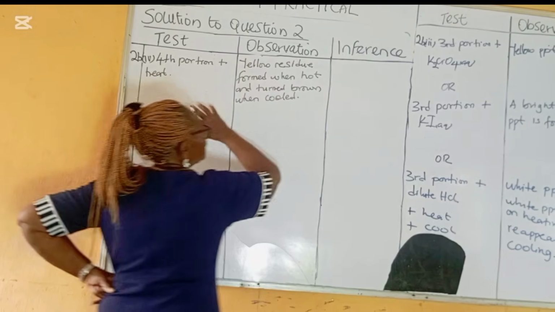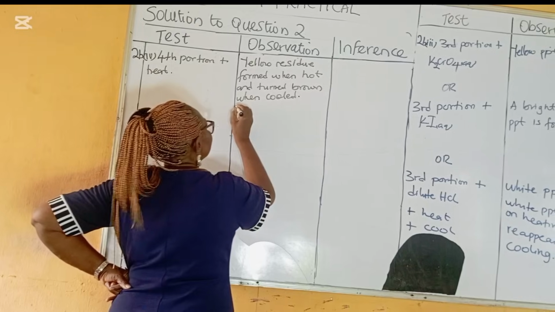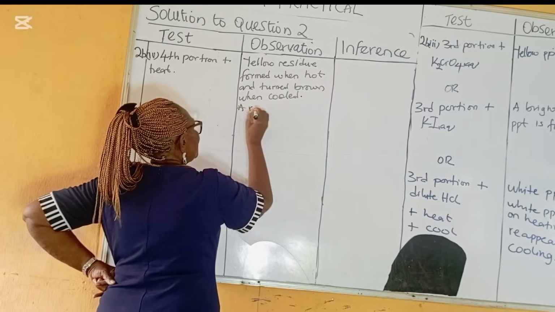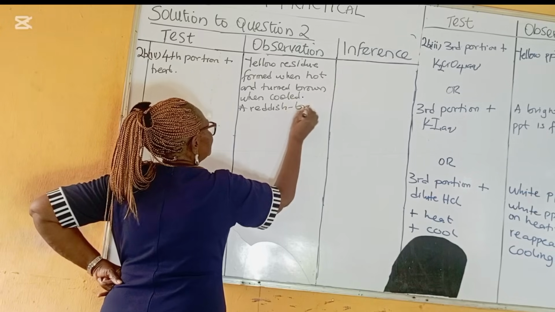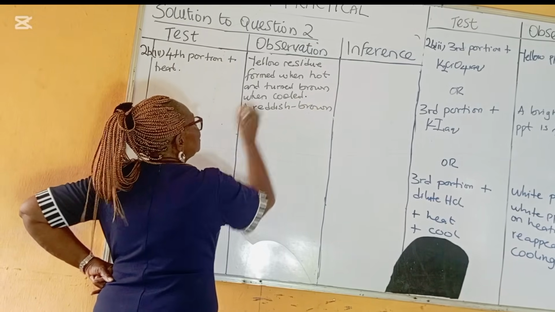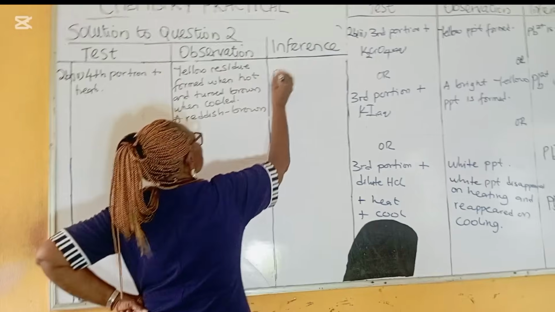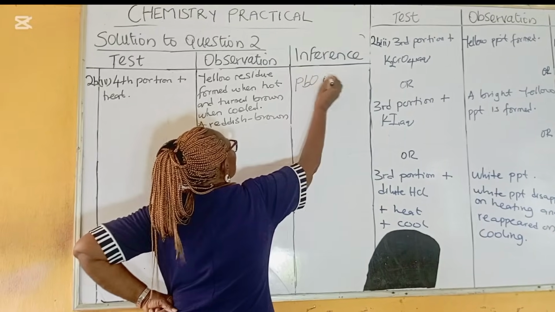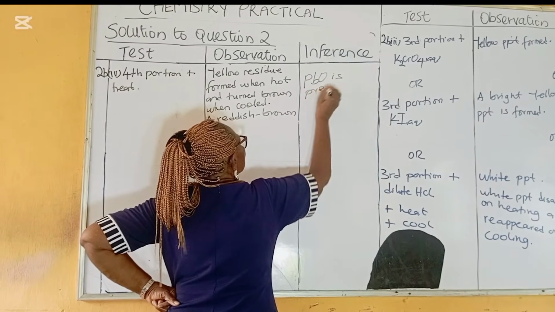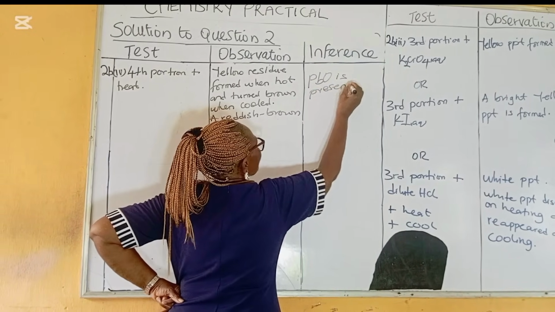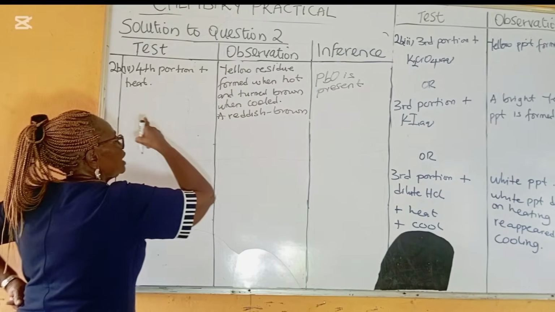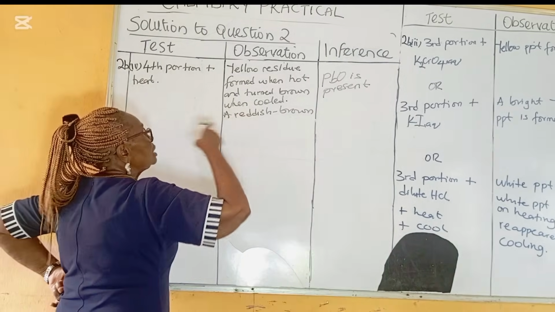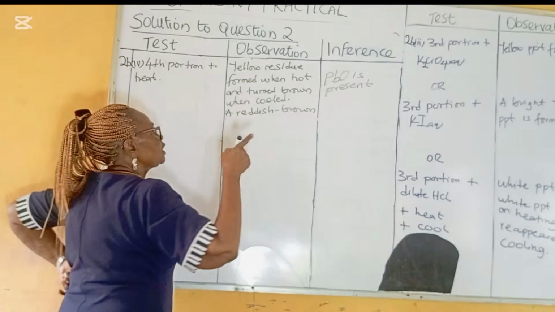That's about the residue. Then a reddish brown gas. For this one, we say PbO is present. That's how the lead 2 oxide behaves, which is the residue from the salt solution that was heated up.